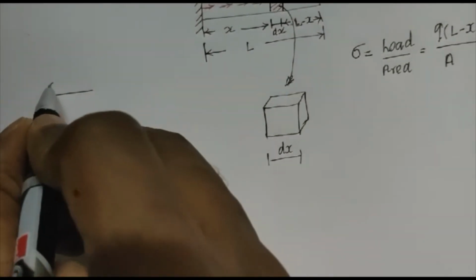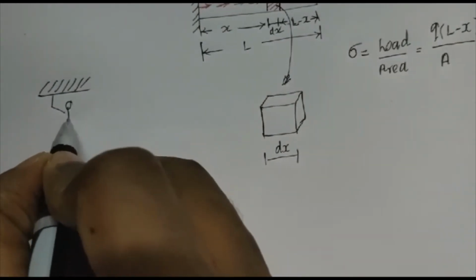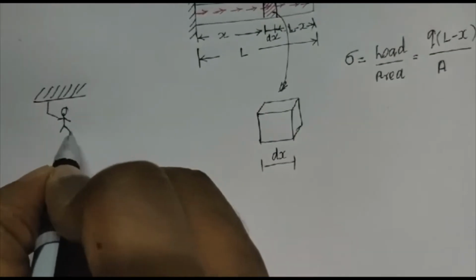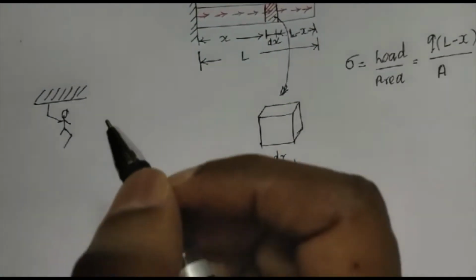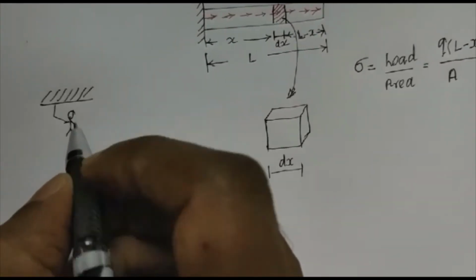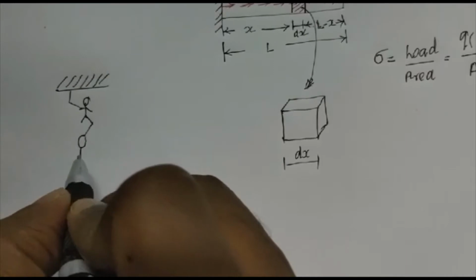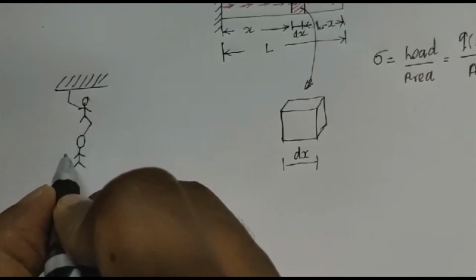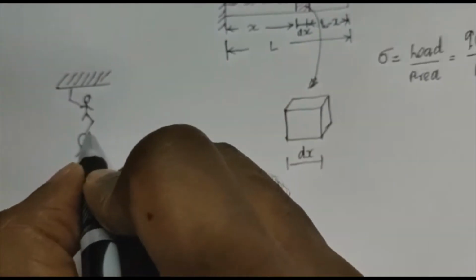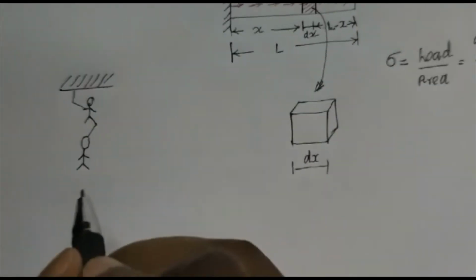Just imagine that you are clinging onto a ceiling. So I'm going to draw a diagram here. Forgive me if the diagram is poor. Now imagine that you are clinging onto the ceiling, and your friend is hanging onto your foot.